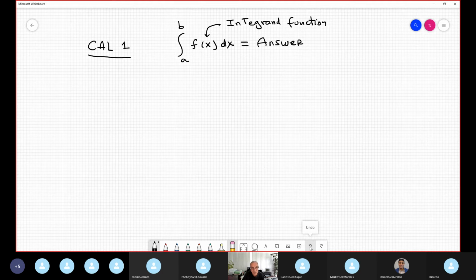Well, the integral is an operator. It gives me the Riemann Sum.